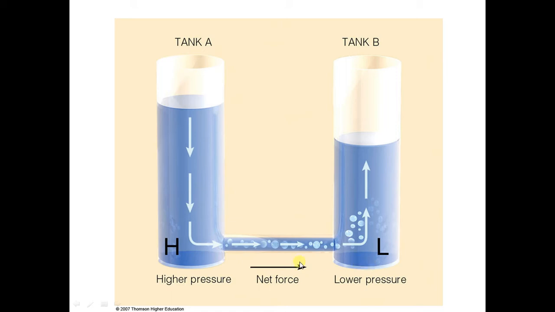And if these tanks are connected here, then the water will want to move from the region of higher pressure to lower pressure. Okay? And so what will happen is tank A will lose water, its pressure will decrease, tank B will gain water, its pressure will increase, and that will help balance out the difference in pressure.